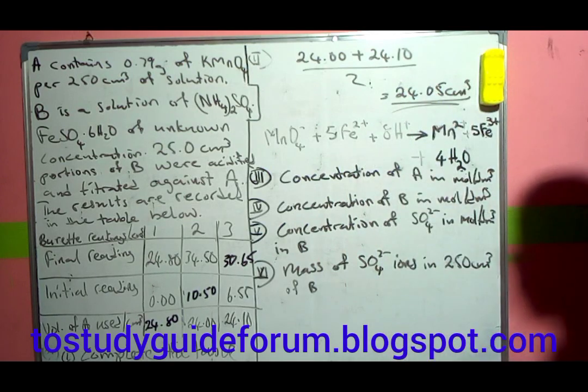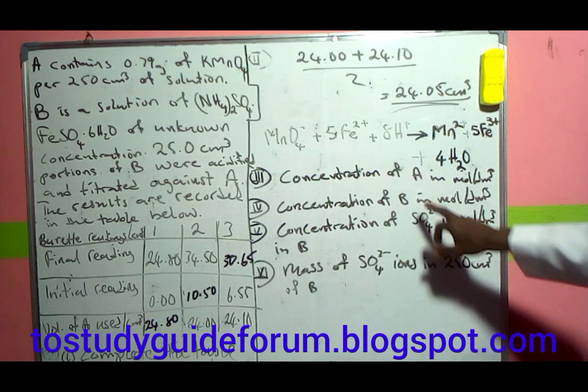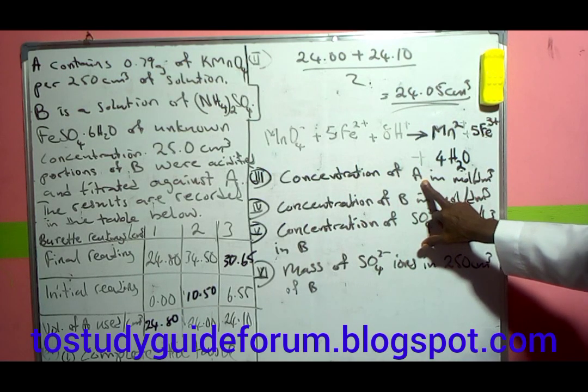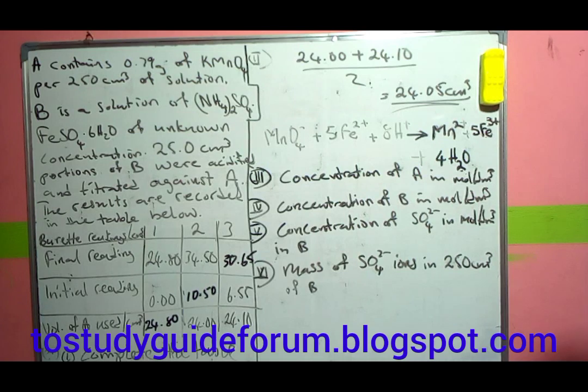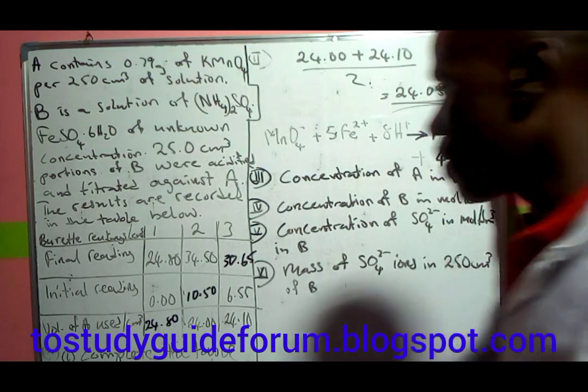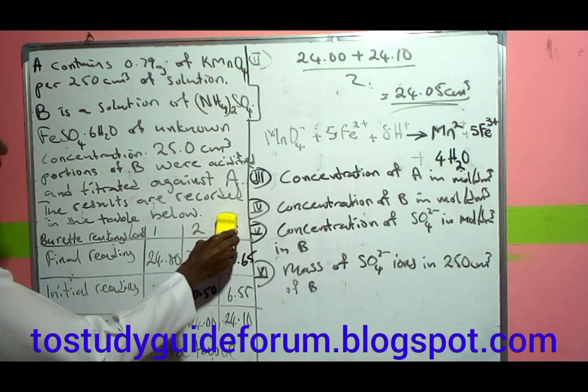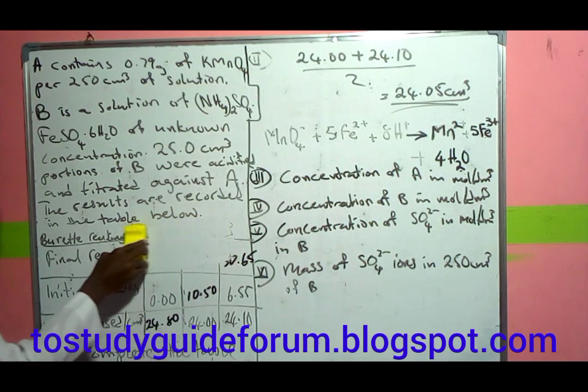That's the average volume of A used. The next question is to calculate the concentration of A in mole per dm cube. Since we are done with this, I think we can clean this zone.